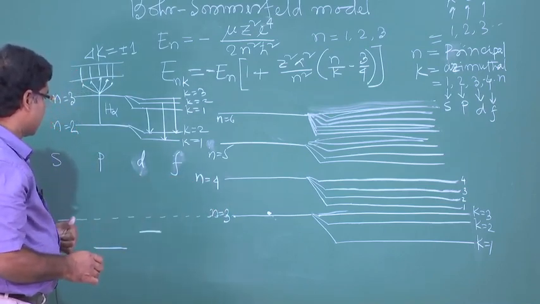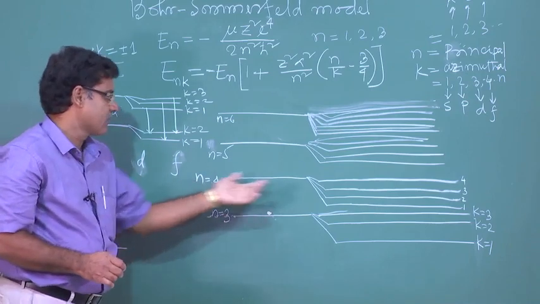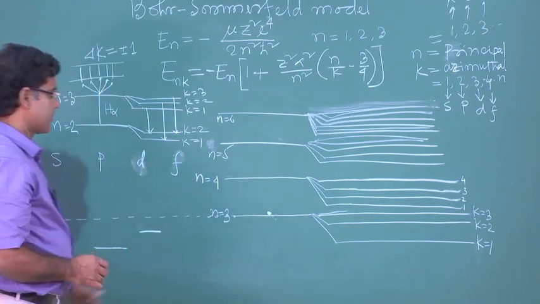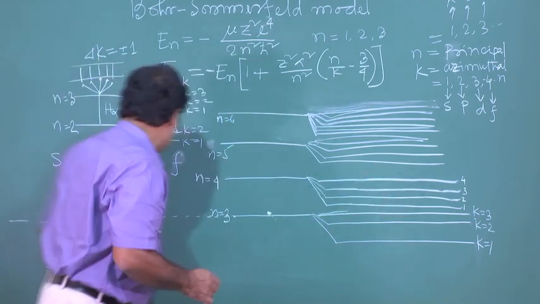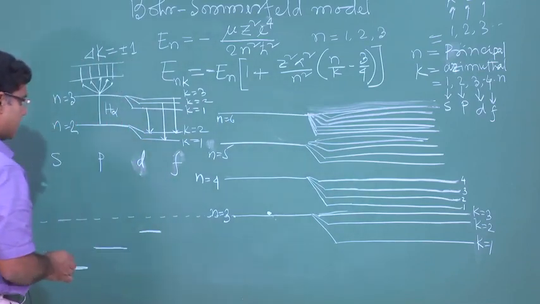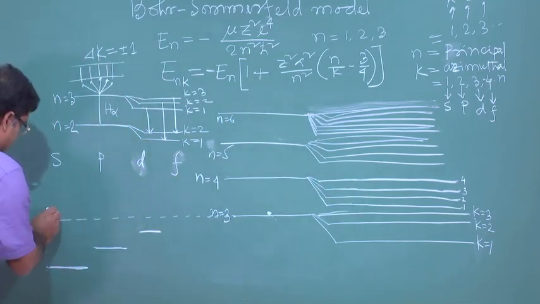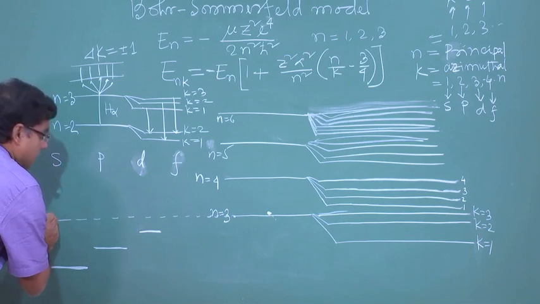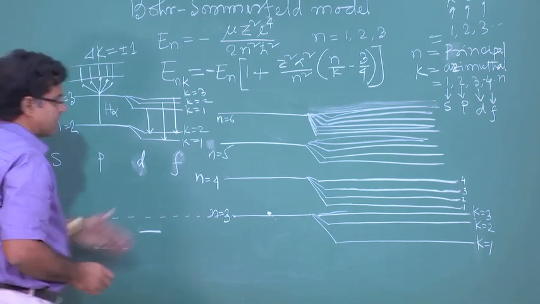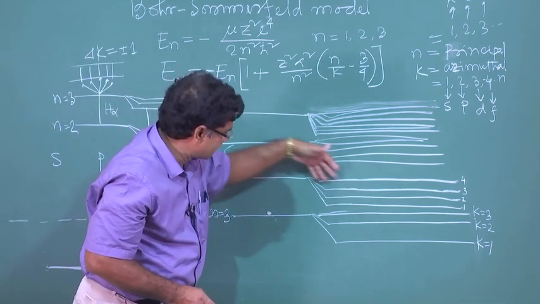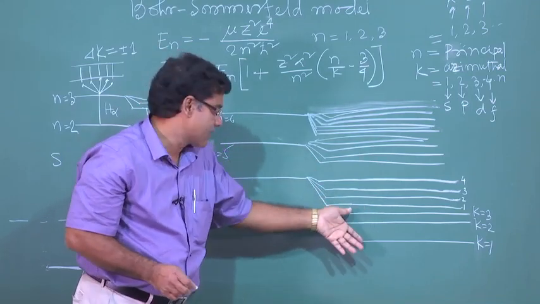Okay. Similarly, for n equal to 4, I will get S, P, D, F. So, if I plot S, sometimes its energy penetrates inside of this one.